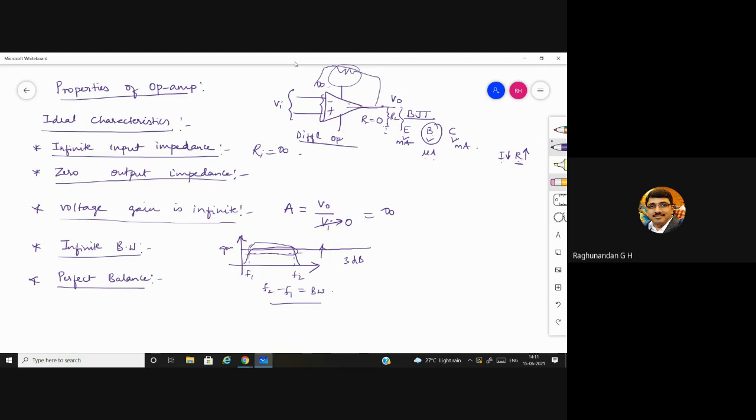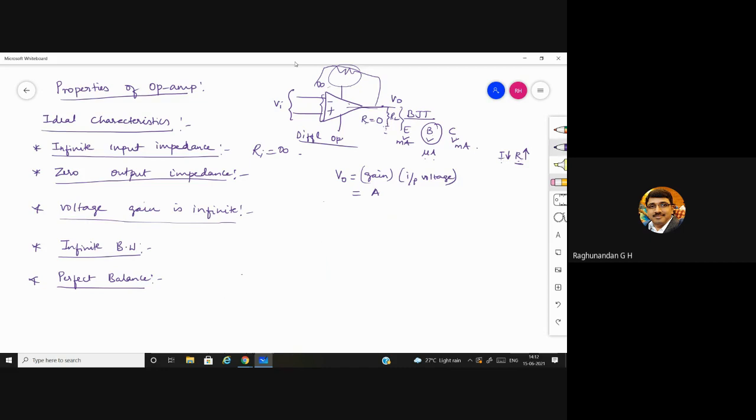The general formula is V naught, the output voltage, is equal to gain into input voltage. The gain is A, and we have two inputs, V1 and V2. Since it's a differential op amp, it takes the difference between the two, V2 minus V1.